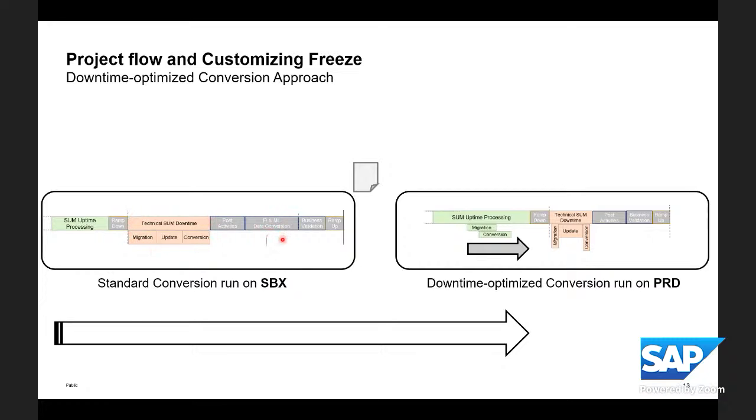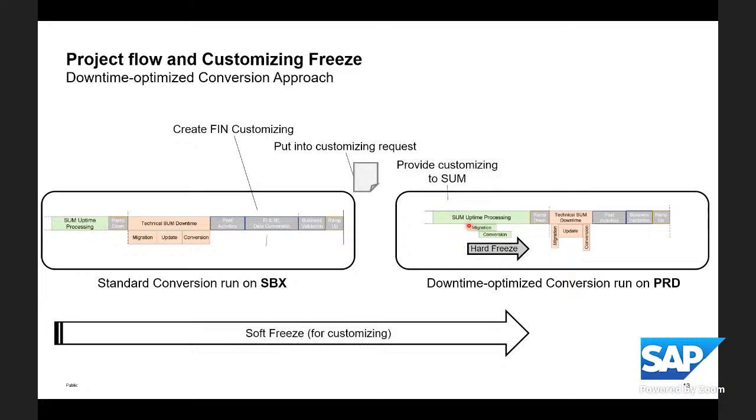And then afterwards, those fin activities are executed. The fin customizing on the new fin data model is executed. And this is put into a customizing request. And we provide this customizing request to the software update manager so that the tool in the uptime can use this fin customizing to set up the fin customizing and to then do the data conversion in the fin area.